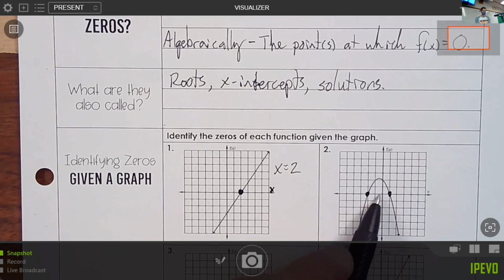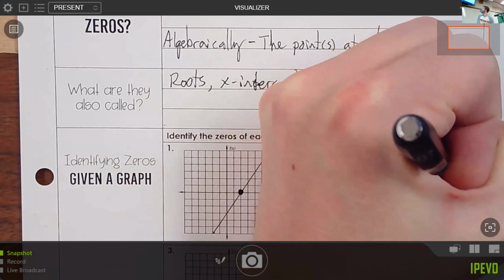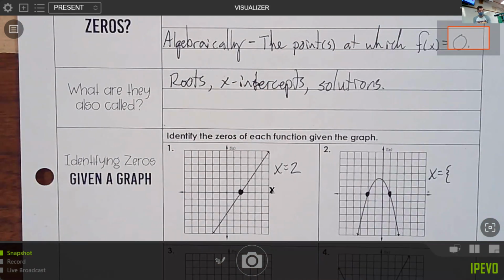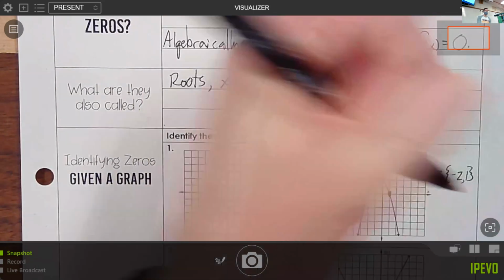How far from the middle is it? How far to the left? Yeah, so on the right side, it's +1. On the left side, it's -2. So the zeros here, there's 2 of them. So we're going to say x equals, and we're going to use our little braces for this one, -2 and 1. Those are the zeros.